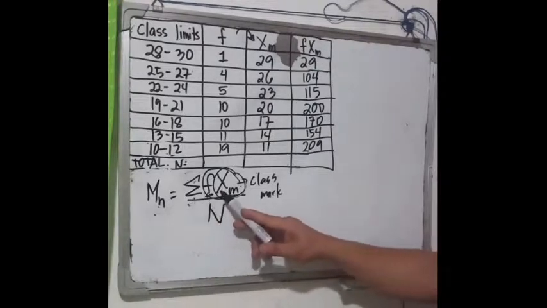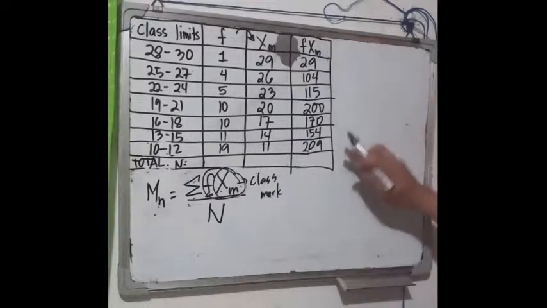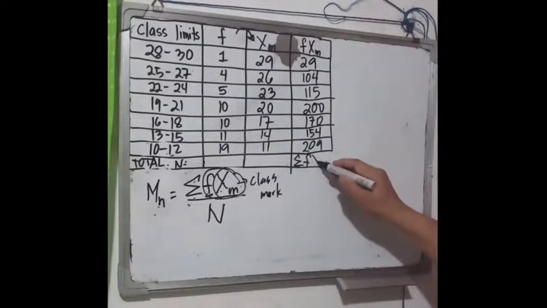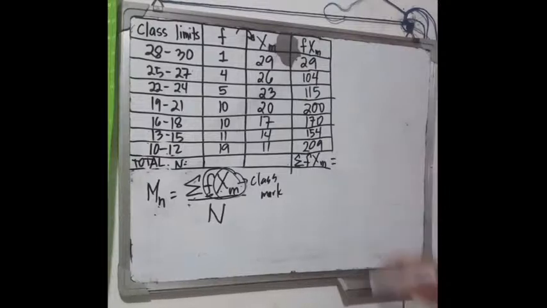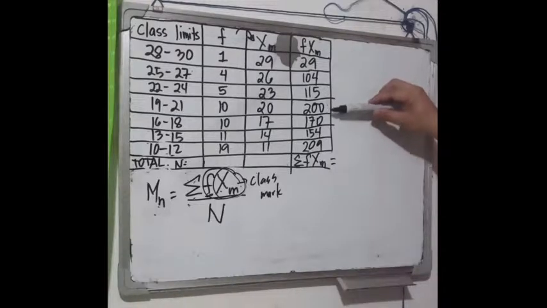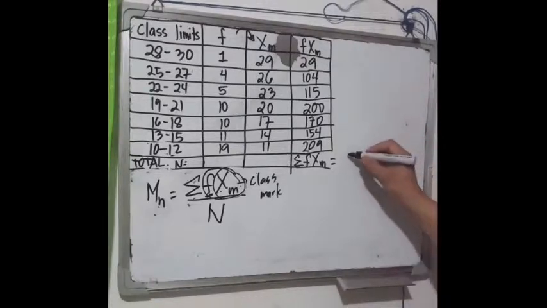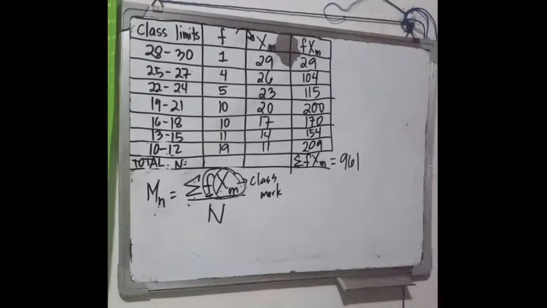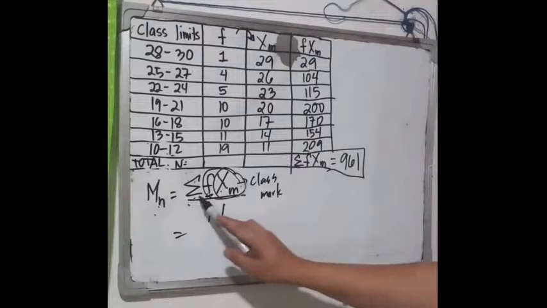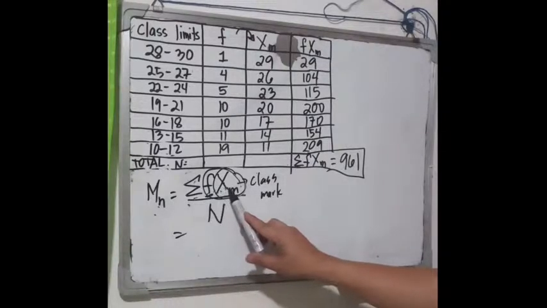Next, let's look at the formula. Summation of f times x sub m. So you will find the total sum. So that is the total sum, summation of f times x sub m equals 29 plus 104 plus 115 plus 200 plus 170 plus 154 plus 209, that is equivalent to 961. Next, let's substitute this into the formula. The formula in finding the mean from group data is summation of f times x sub m over n. What is our n?